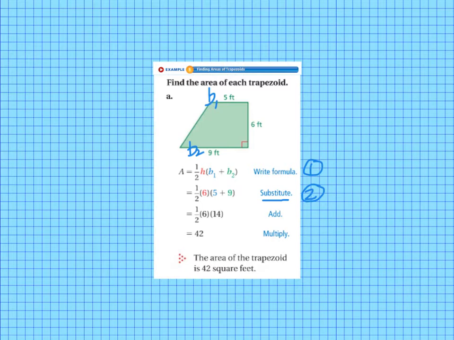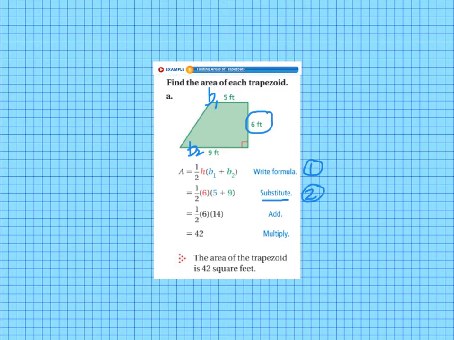So the two parallel sides, those are your bases, and then there are two sides in a trapezoid that are not parallel with each other. So the straight one, the one that meets the other two at a right angle, is the one that you use for the height.